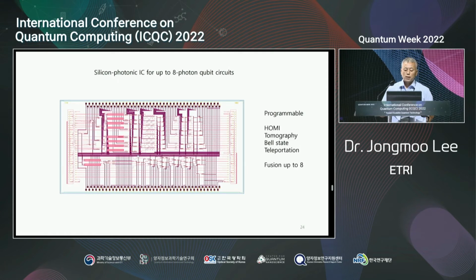And this is my recent design to increase the capacity of photons to the 8 photon state. This design includes the fusion operation up to 8, but the fusion up to 8 photons requires the coincidence of 8 photons, and it will not be easy to measure the coincidence of 8 photons.